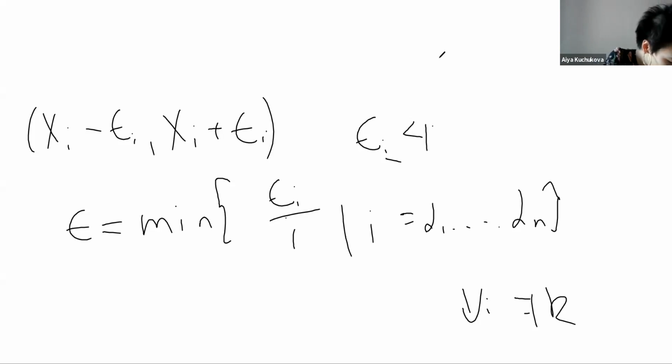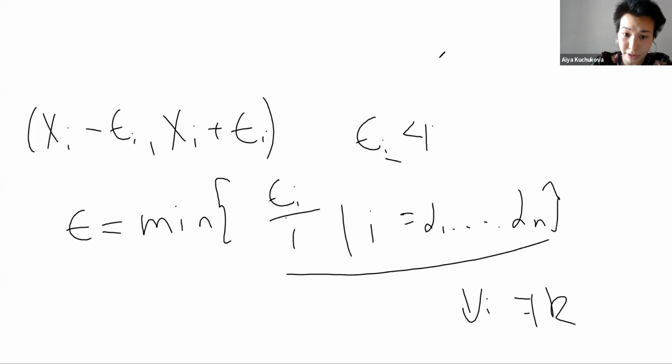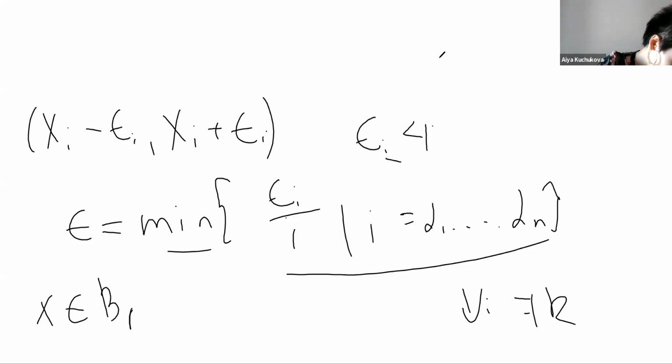Okay, and basically, as you can see, you would of course have a minimum for that because there is only a limited number of those, so we can take a minimum. And you can also see that as i grows, you have them going down, which is also good. And so what do we have? We have x in the B_d(x, ε), which is in the U. Okay, I hope that this is understandable.